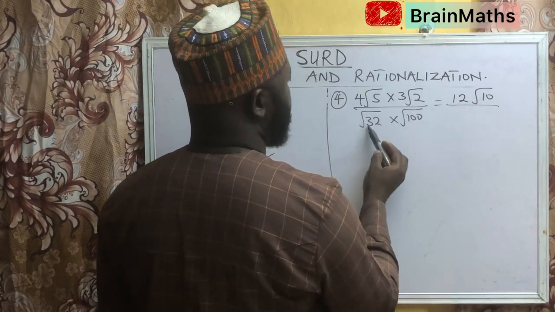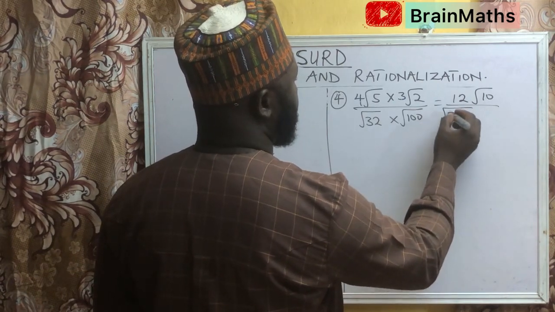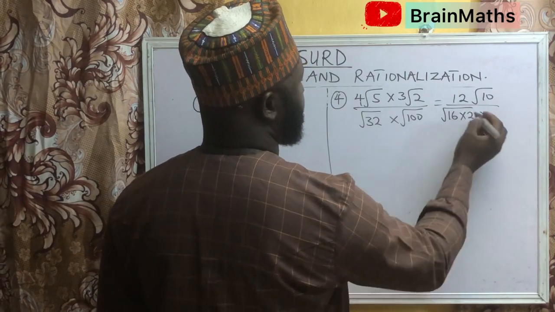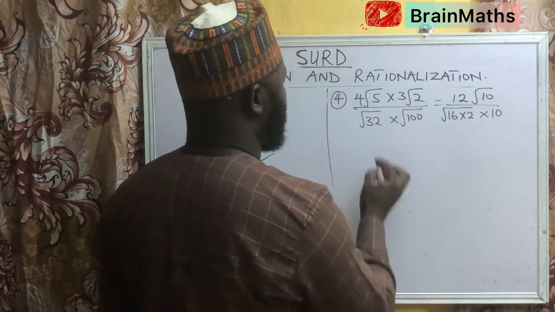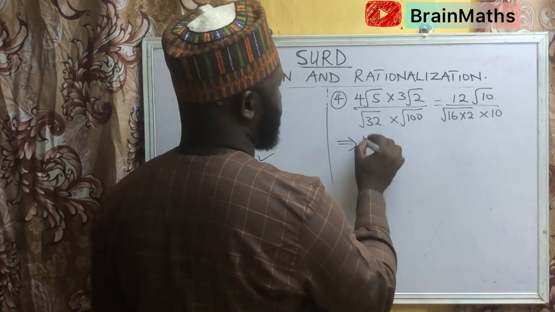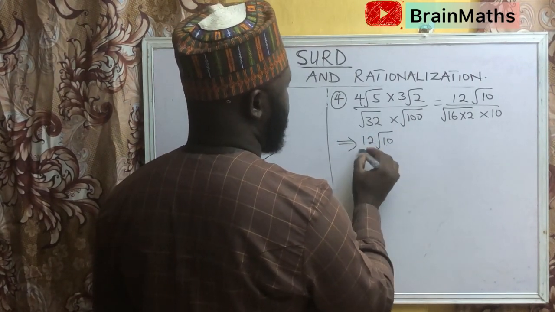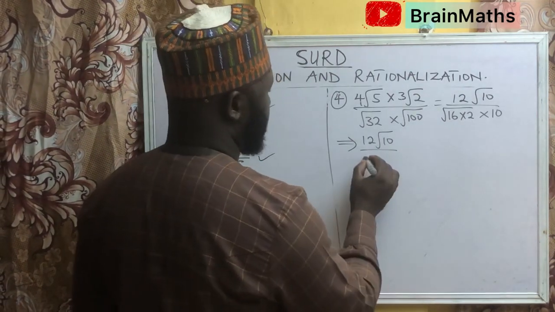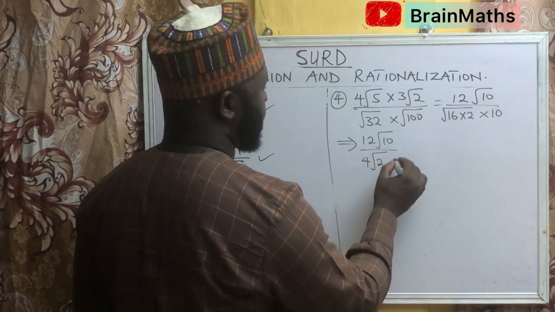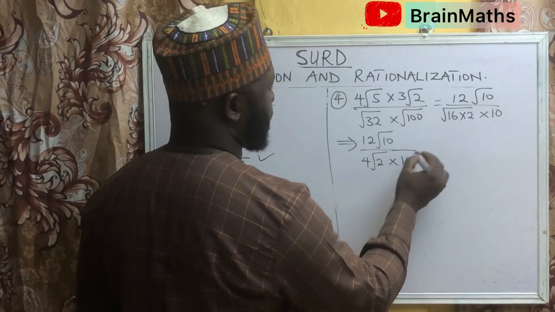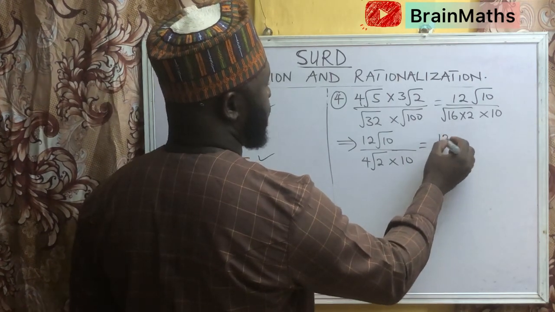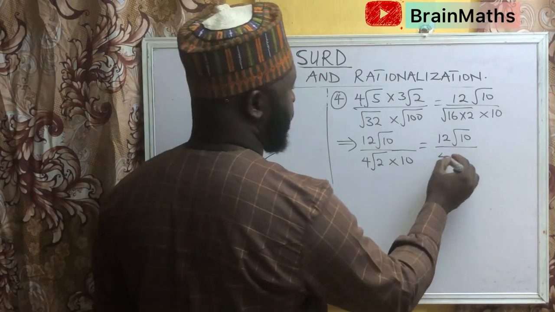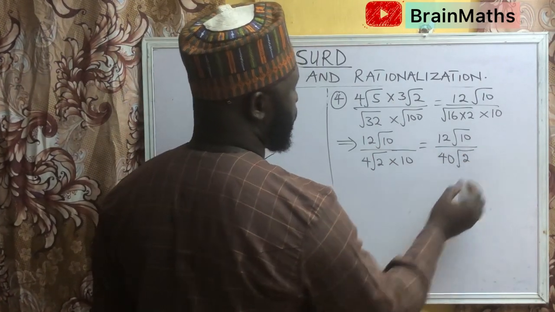Divided by this root 32 can be broken into 16 times 2 times the square root of 100, which is 10. So we have 12 root 10 divided by the square root of 16 is 4. So that is 4 root 2 times 10. Which is going to give us 12 root 10 divided by 4 times 10, 40 root 2.